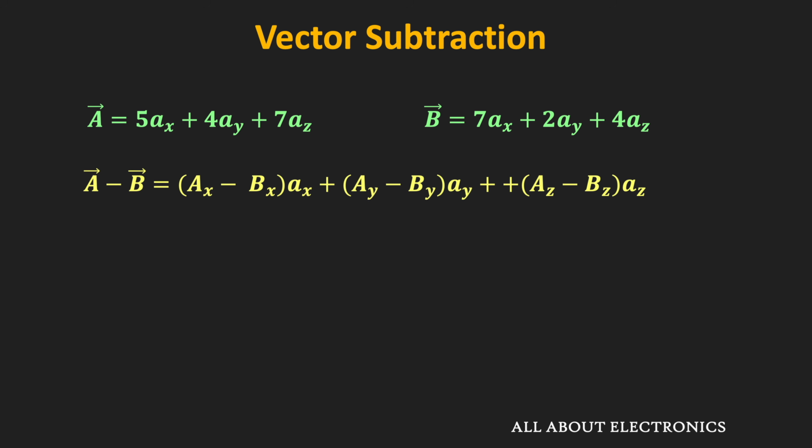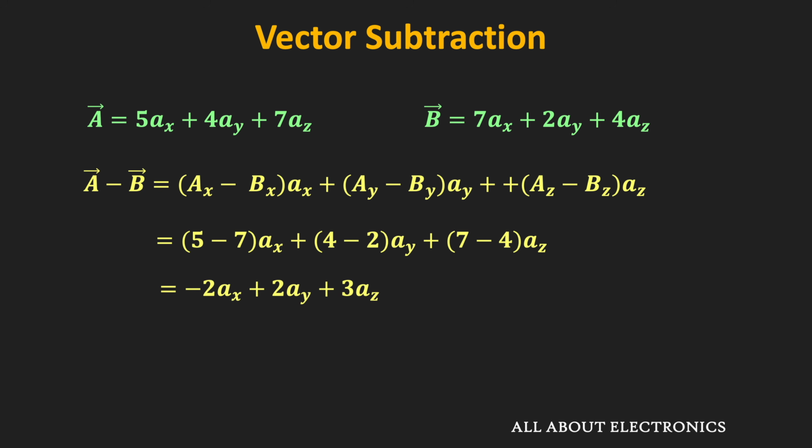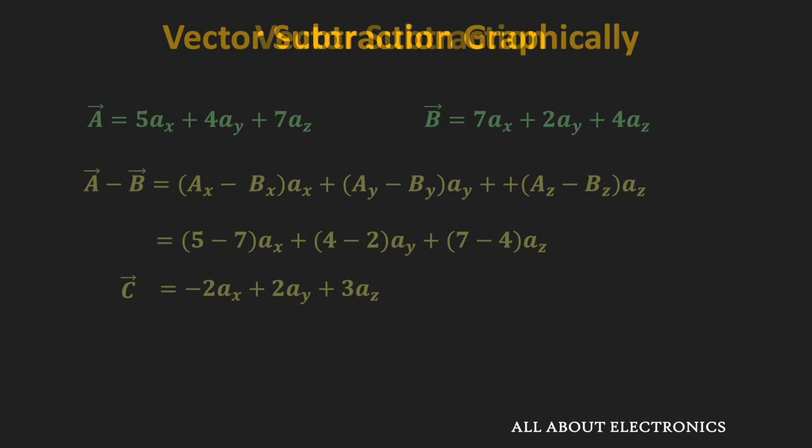So for the given two vectors, if a minus b is carried out, then it will come out as minus 2ax plus 2ay plus 3az. And let's call this resultant vector the vector c. As you can see, this vector subtraction is very similar to the vector addition. So similar to the vector addition, this subtraction can also be carried out graphically.